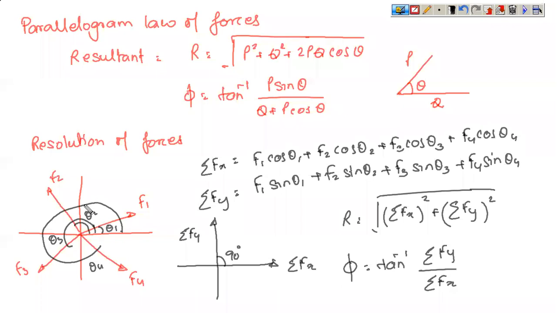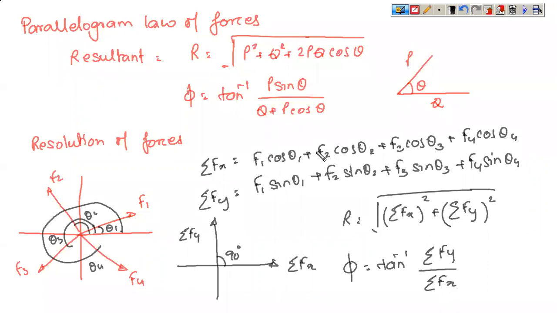Now, if you look at this diagram, there are certain things that you need to keep in mind. First, theta is the angle measured with respect to the positive x-axis, and all the forces are outwards in nature. If the forces are inwards in nature, then they get replaced by a negative sign.